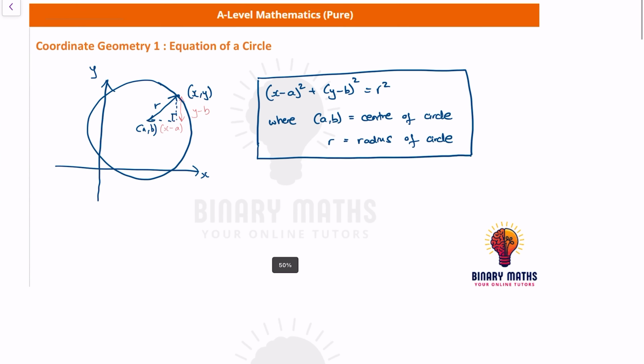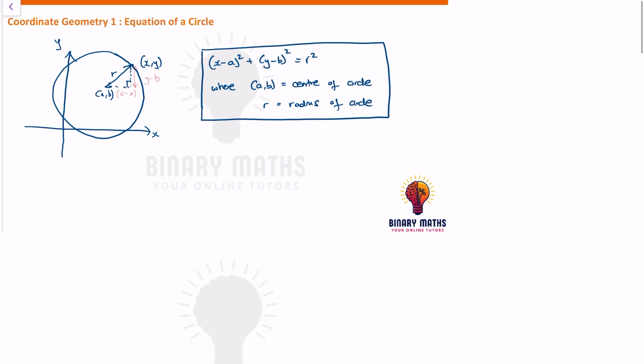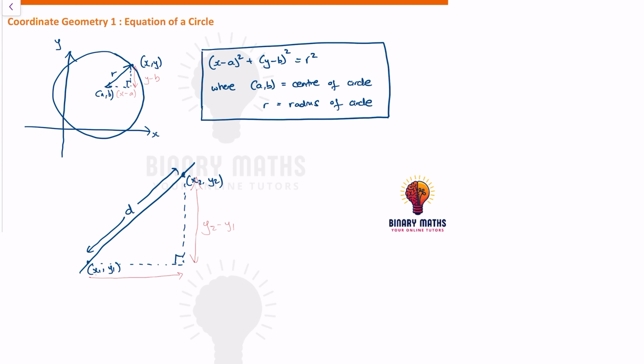The two other formulae that you need for this topic are, first, if you have two points, (x1, y1) and (x2, y2), to work out the distance from there to there. Again, if I make a right angle triangle, this length, which is y2 minus y1, and this length, which is x2 minus x1, and d will all satisfy Pythagoras' theorem.